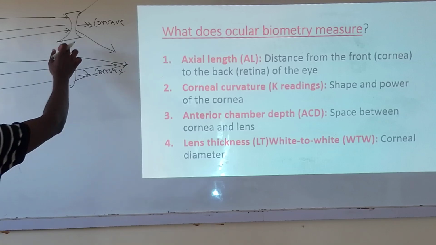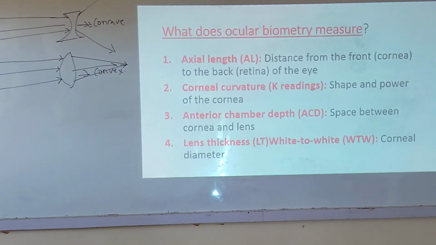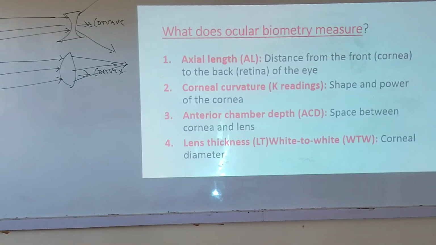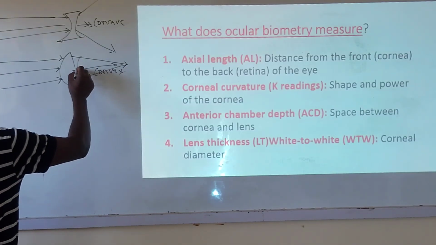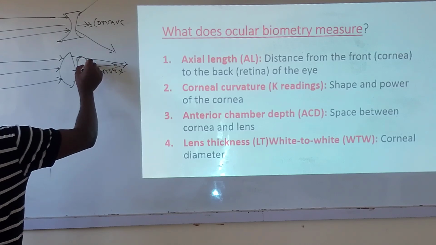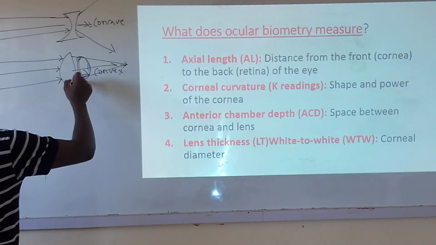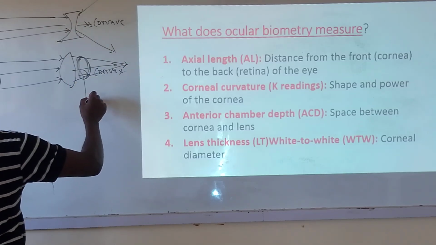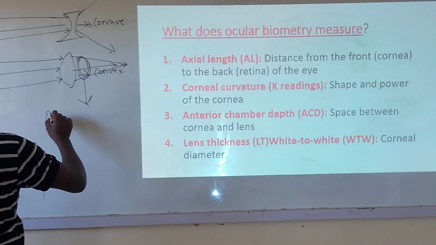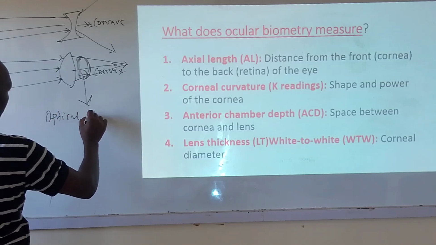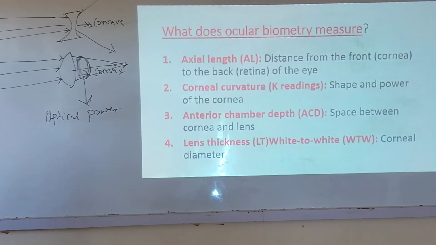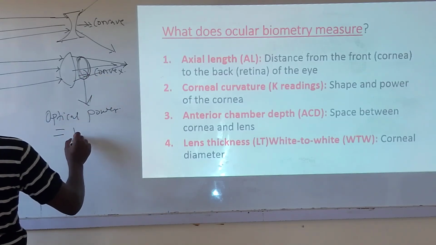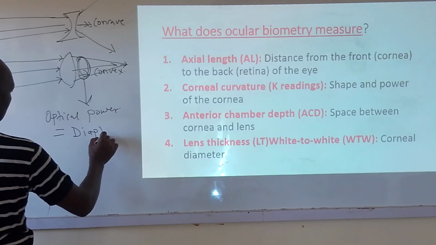So the concave lens will diverge the light, while the convex lens will converge the light. The ability to converge or diverge this light is what we refer to as the optical power of that medium, and it's usually measured in diopters.